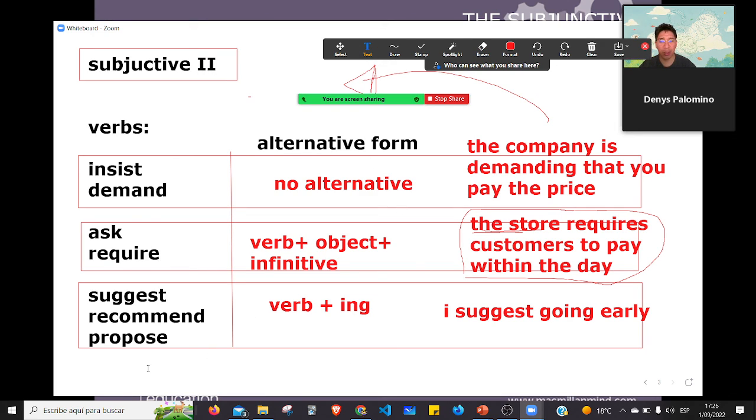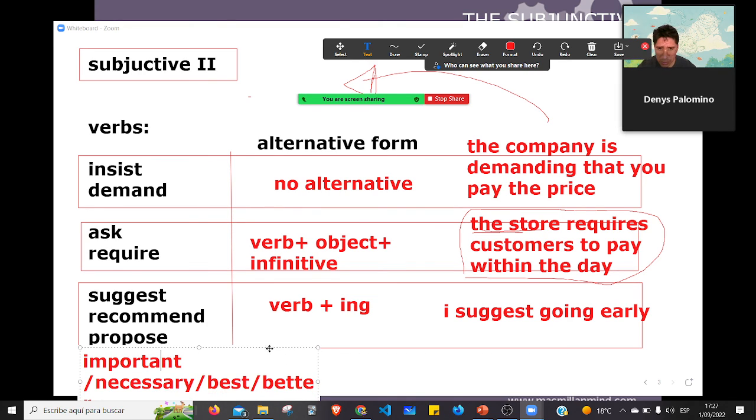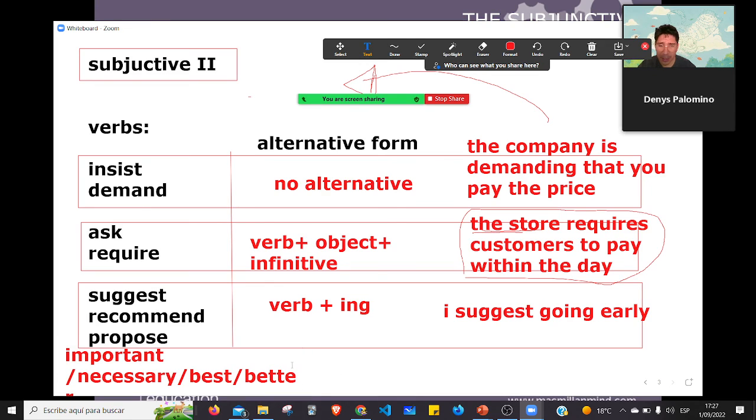And the previous one, do you remember the adjective? ¿Te acuerdas los adjetivos? Important, necessary, best y better. Recommended ya no lo tenemos aquí, pero sí lo puedes usar, ¿eh? Yo lo uso. Así, le tienes que agregar el it.